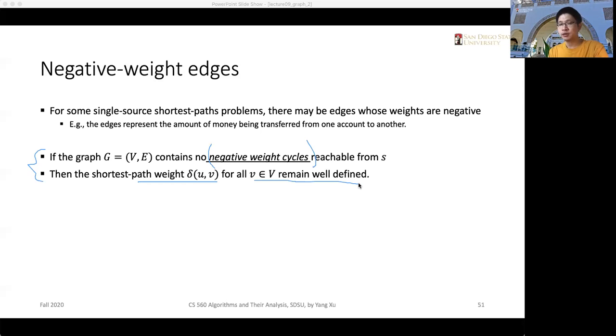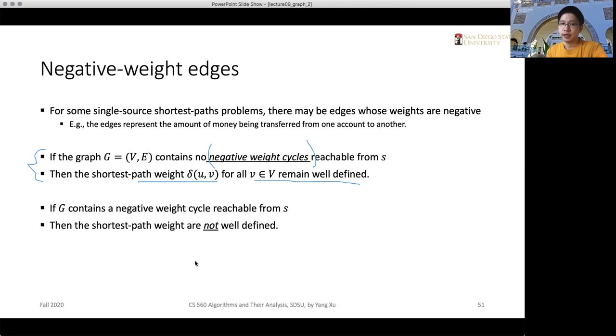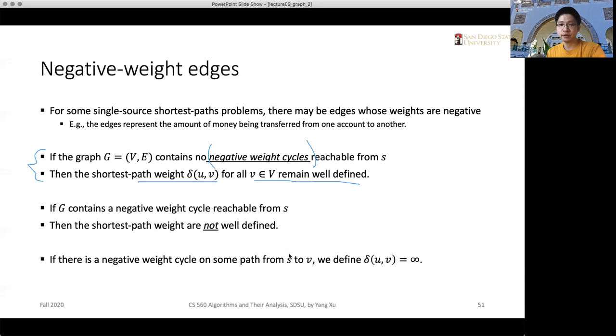So this is something we definitely want to avoid, the negative cycles. We will see in the next slide a concrete example of why this is the case. And if unfortunately we have a negative weight cycle that is reachable from the source, then we have to admit that the shortest path weights are not well defined.